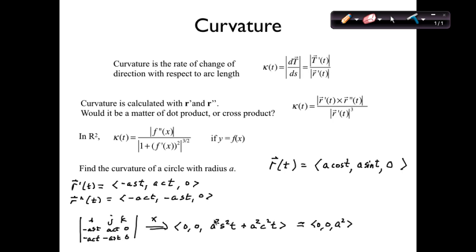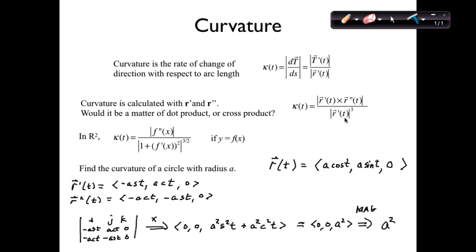Because you factor out an a squared, and you get sine squared plus cosine squared is 1. And so the numerator is the magnitude of that, which is a squared. Okay, that's the numerator. I took the cross product of the first and second derivatives, and then took the magnitude, a squared.